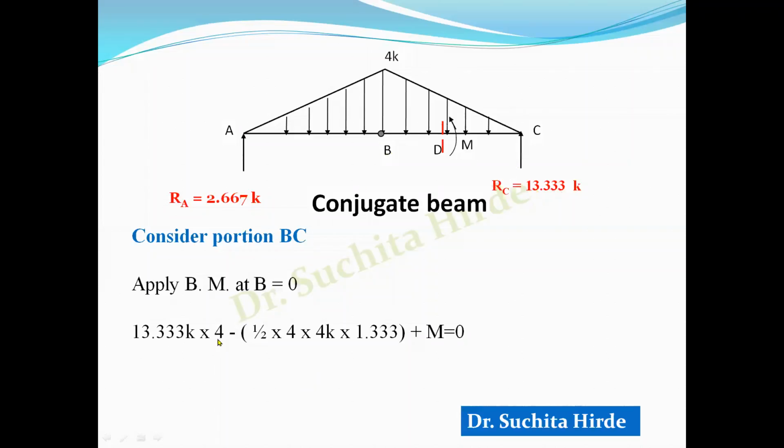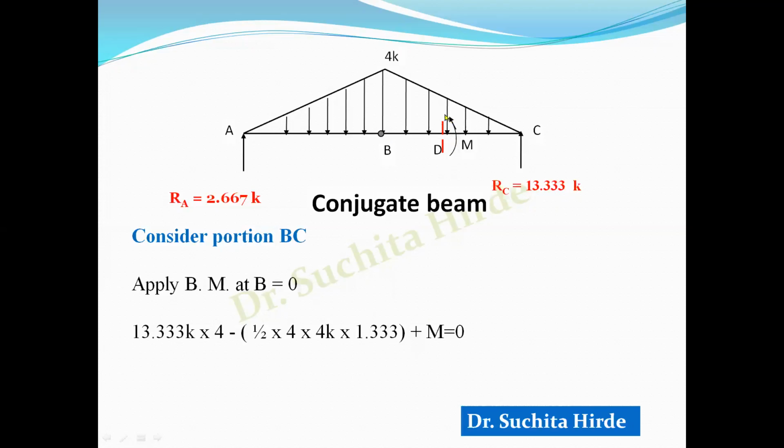4 is the distance. So force into perpendicular distance minus moment due to this triangular force, which is area of triangle, half base into height, divided by distance from the section. We are taking bending moment at B, so distance is 1/3 of 4. Then moment of this M. So we are considering the direction like this.